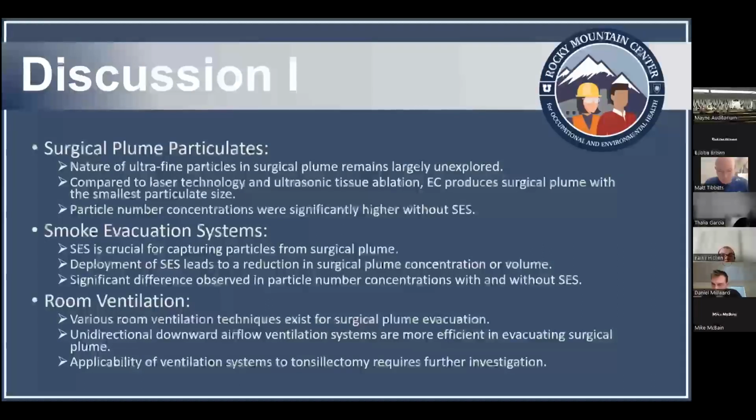Surgical plume, because of the nature of the ultrafine particulates in surgical plume, there is a lot of work that needs to be done to understand the significance of that. Is it harmful? Is there a cumulative effect?